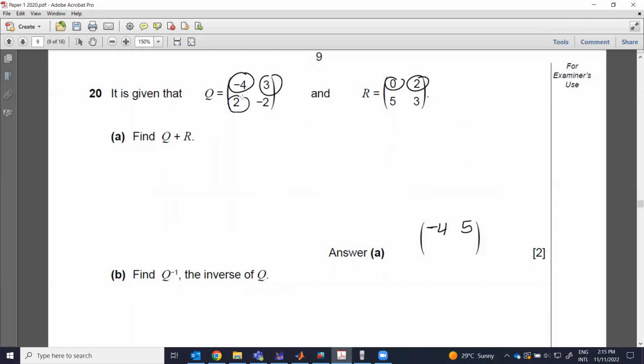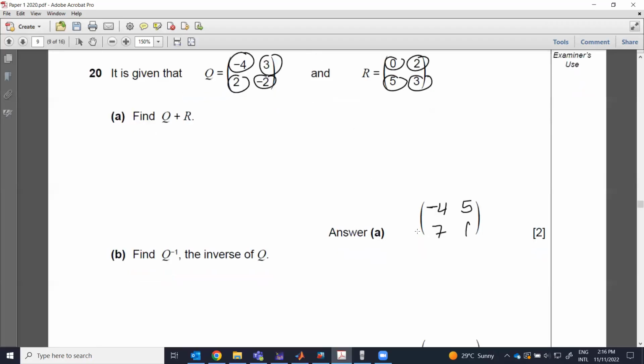And then 2 plus 5, this is 7. Then -2 plus 3, this is +1. Okay, so you're just adding the corresponding elements. I didn't want to rewrite the whole matrices. I think it's sufficient to just show the working here.